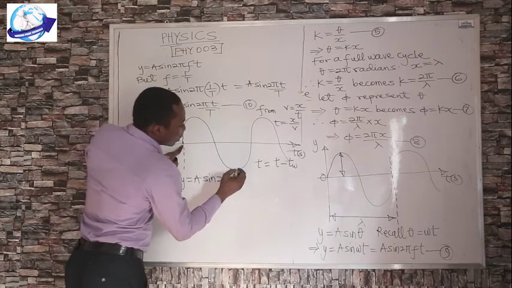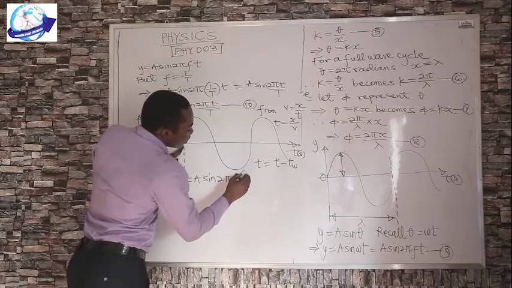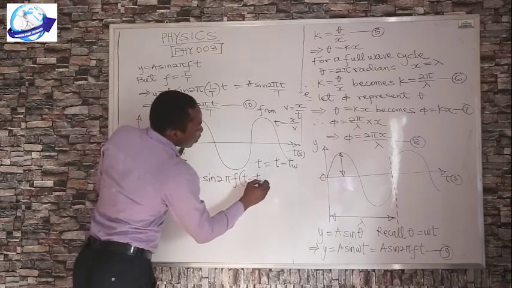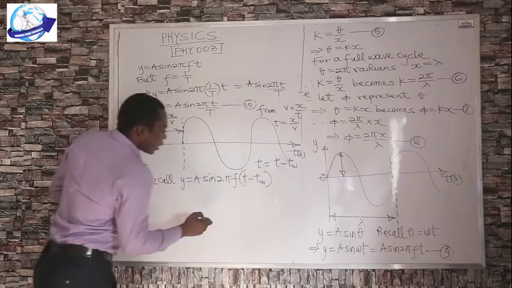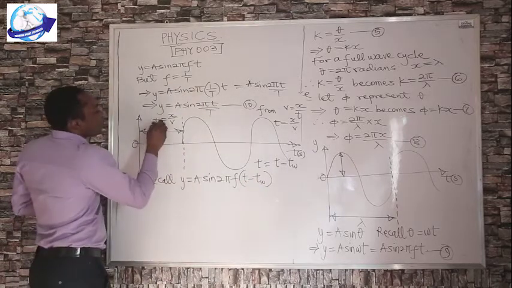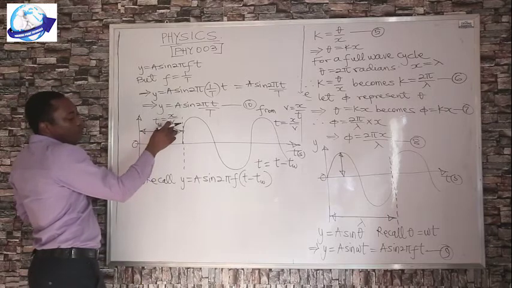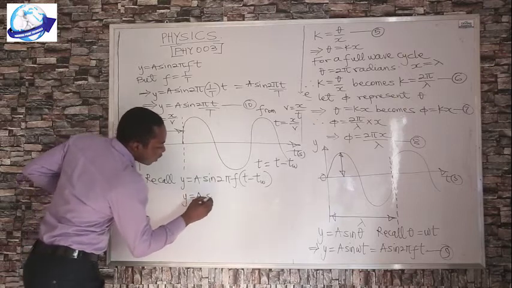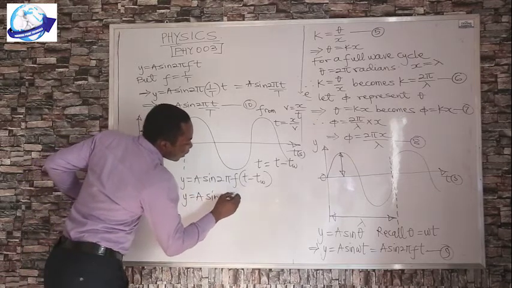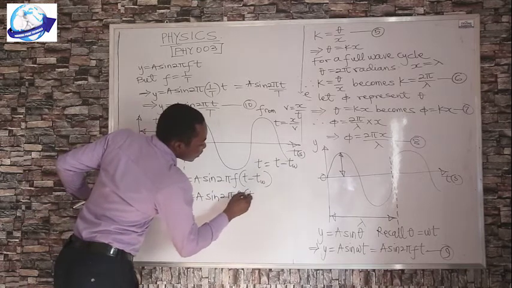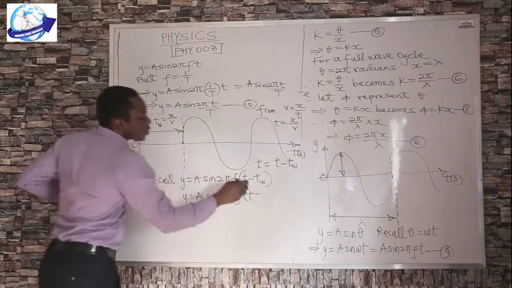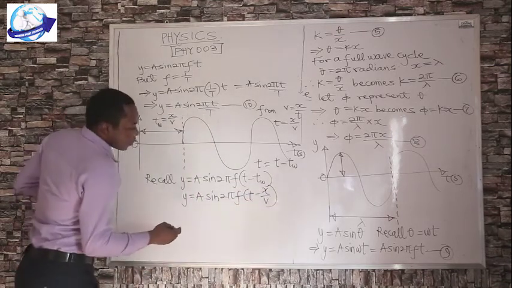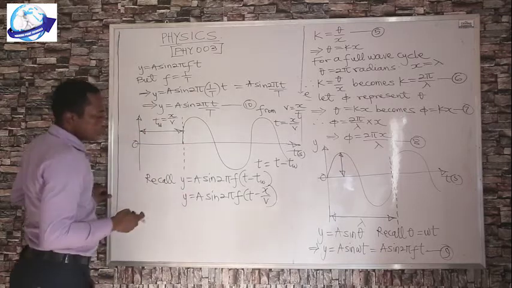So we can now say here that t, this very t coming in here, is t minus t subscript w, and the t w also means x over v. When we replace it here, we then have y equals a sine 2 pi f open bracket t minus t w, which is the same as x over v. And when you open up everything, you will have a new expression.